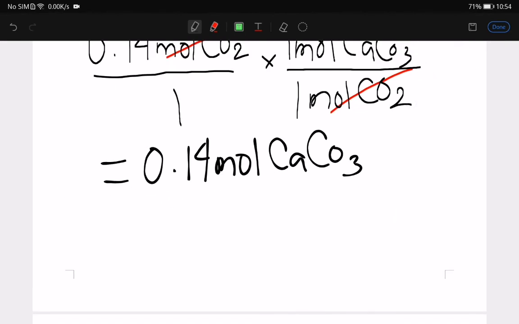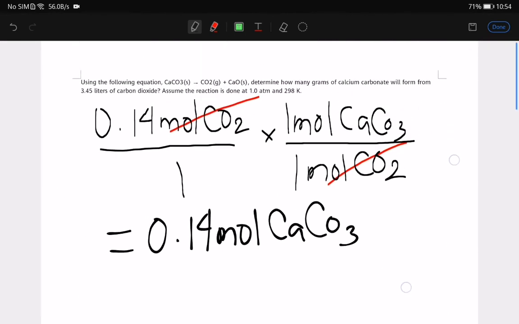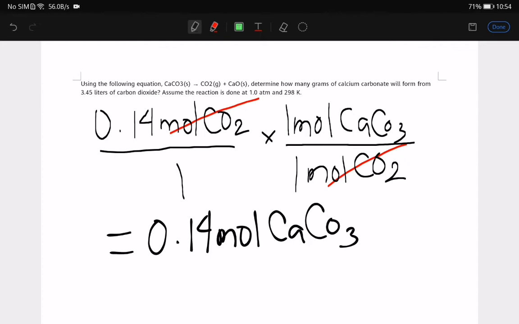Yan. So, ang final step naman ngayon is we're gonna convert this mole to grams of calcium carbonate. Okay? So, ang gagawin dito is you need to find the molar mass of calcium carbonate.